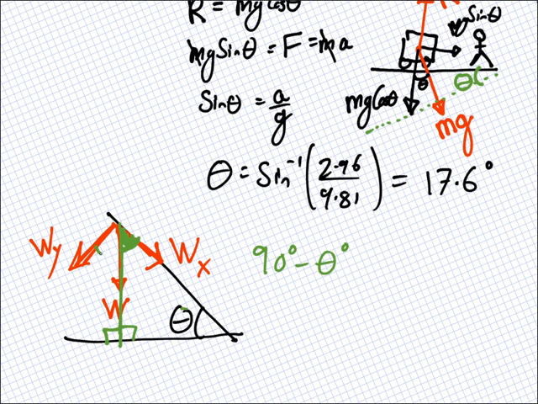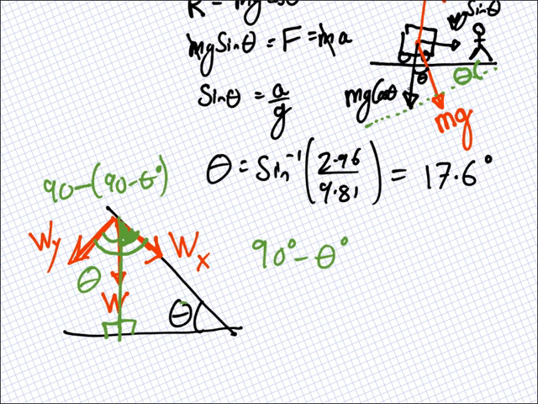Now what is this whole angle here? 90. So what would this angle be? That'd be 90 minus 90 minus theta, which is also known as theta. So if that's theta, then this angle here is theta, the angle belonging to the direction perpendicular to the surface, opposite the reaction.